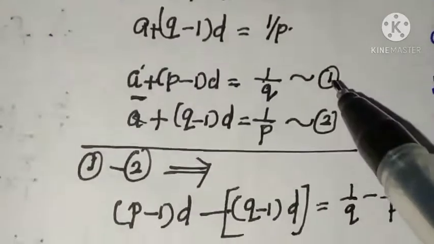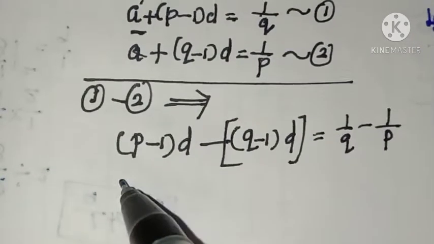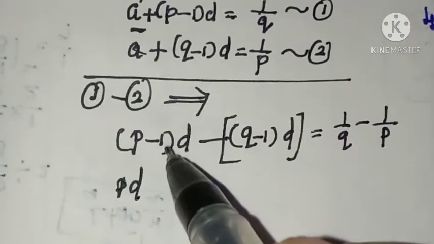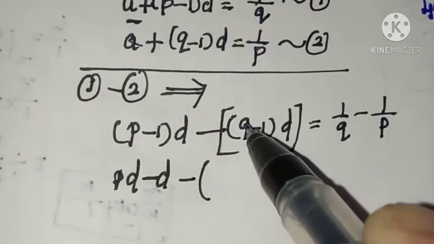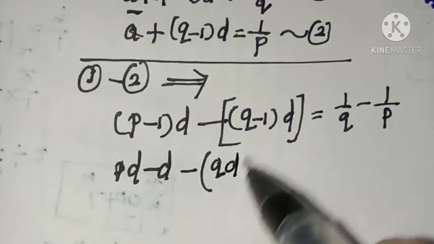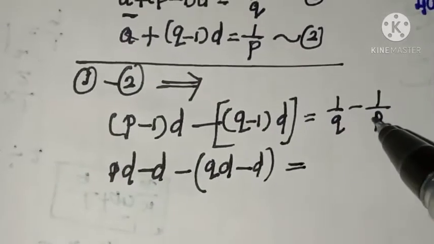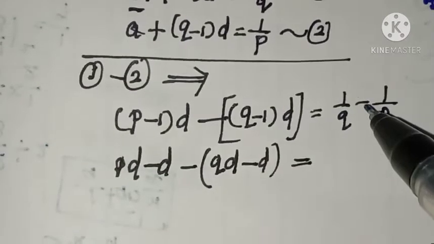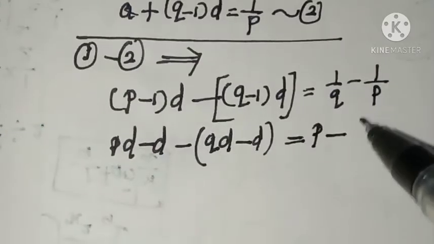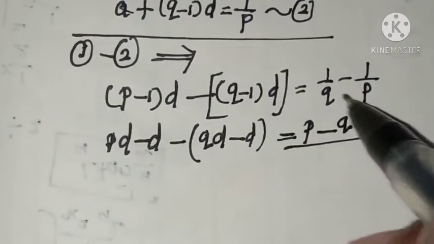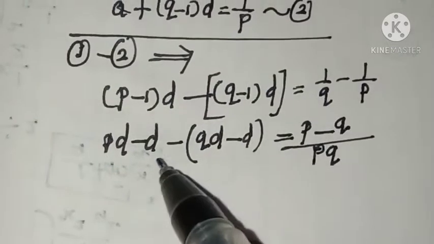Now open the bracket: pd minus d, minus qd, minus of minus d, is equal to, taking cross multiplication, 1 into p, p, minus 1 into q, q, by q into p, qp or pq.